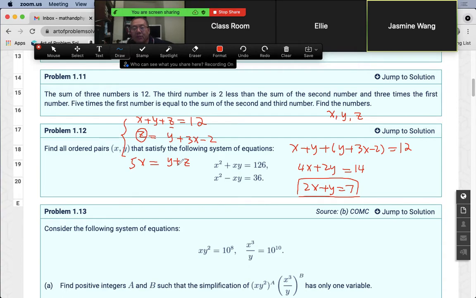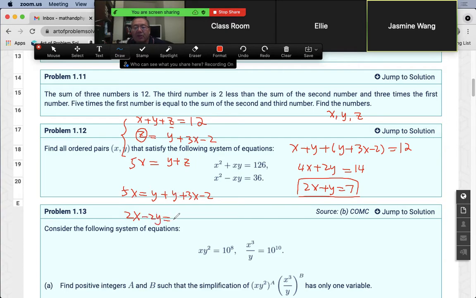Now you plug z to here. You get 5x equals y plus y plus 3x minus 2. So then you simplify: 5x minus 3x, you get 2x. y plus y, that's 2y, so minus 2y.